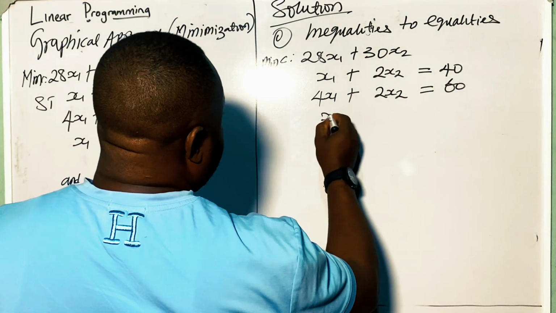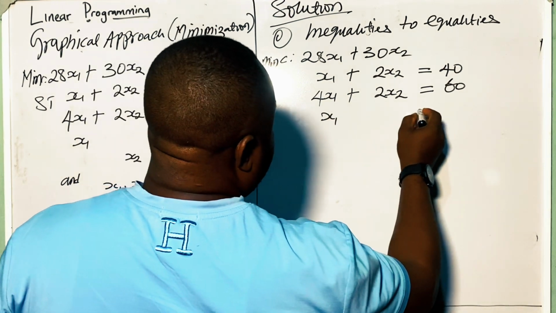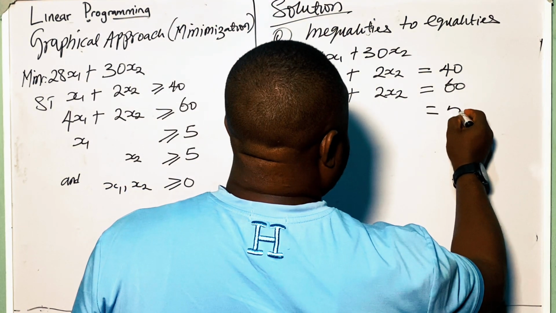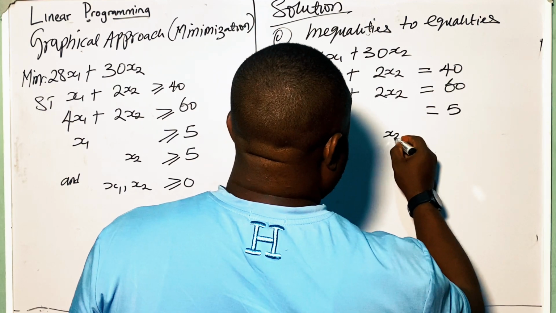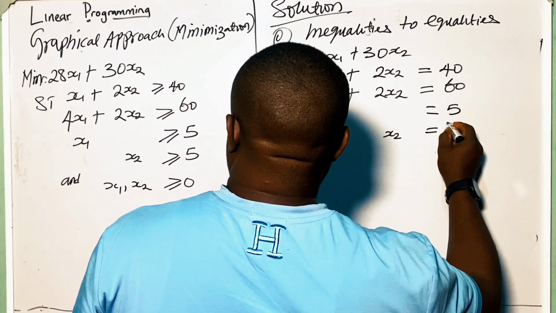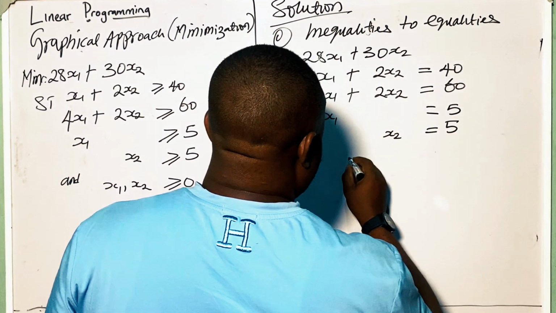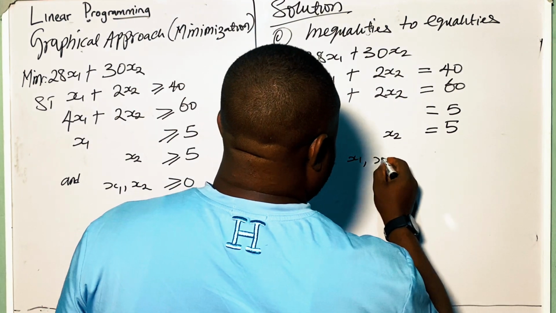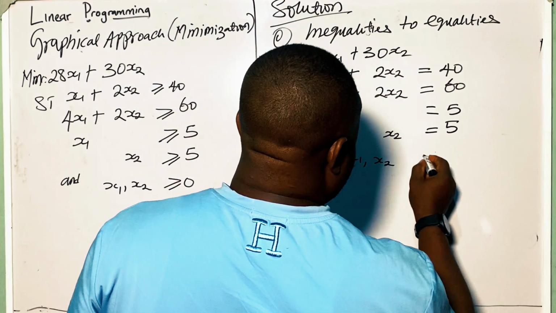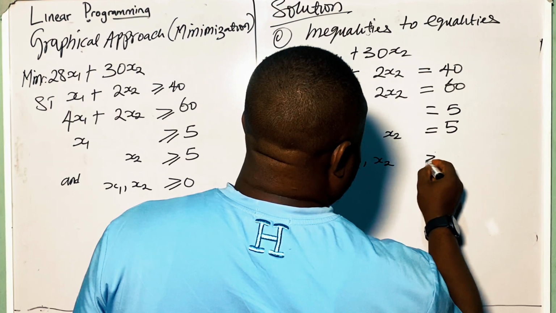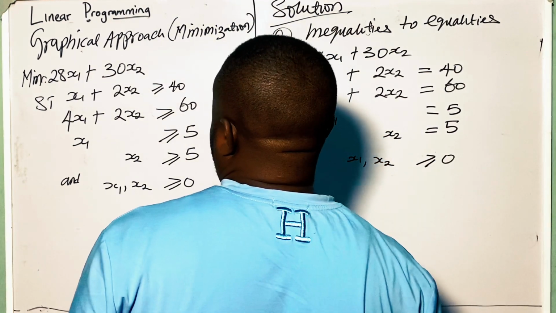Of course, x1 here will be equal to 5, x2 here will be equal to 5 as well, where x1, x2 are greater than or equal to 0.